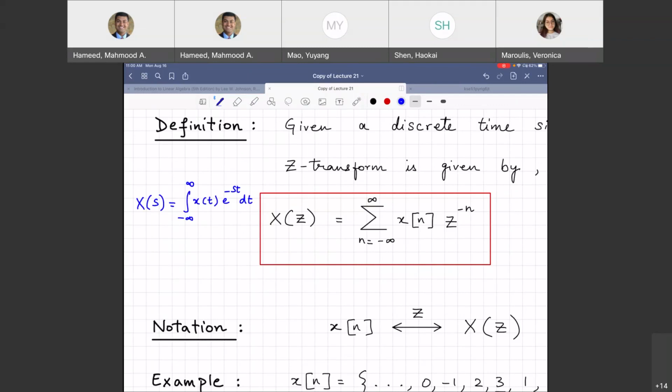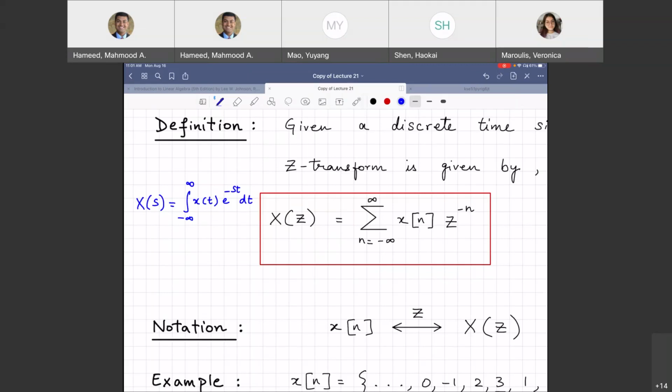So if the input is e to the st, what is the output? Well, the output for an e to the st system is going to be h of s multiplied by e to the st, right? Eigenfunction is going to be e to the st, and the other piece, the eigenvalue, is going to be h of s, the Laplace transform of the transfer function representing the transfer function of the system.